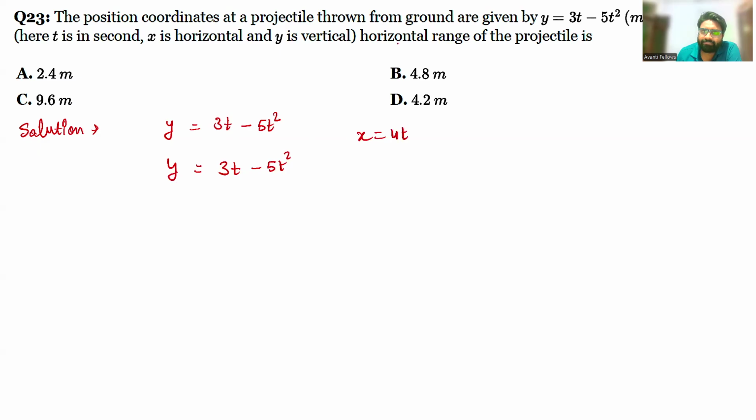We know that projectile motion will be like this. So at the starting of the projectile motion and at the end of the projectile motion, the vertical height covered by the projectile is 0. So we can calculate the time when y will become 0.